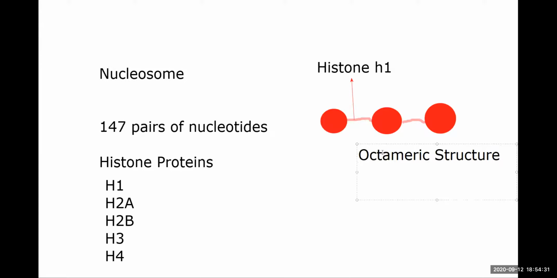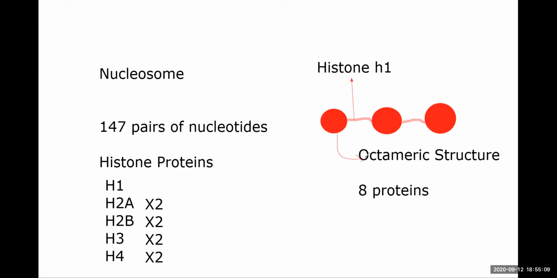It means it is made up of 8 proteins. How do these 8 proteins come about? There are 2 H2A, 2 H2B, 2 histone H3, and 2 histone H4. So what is the total? 8. So these beads are octameric structures.